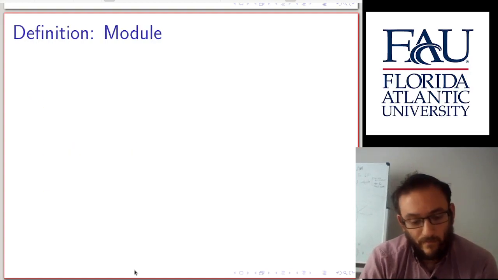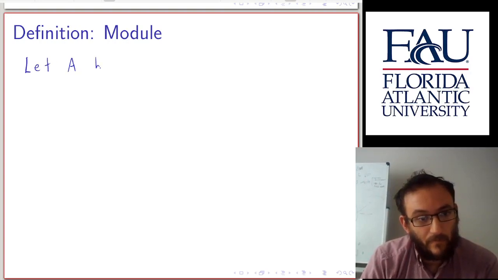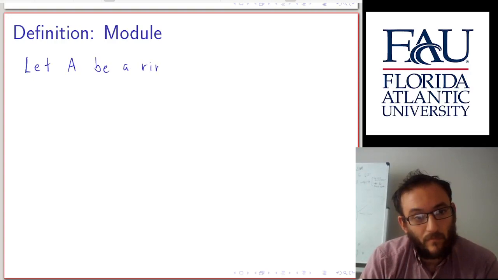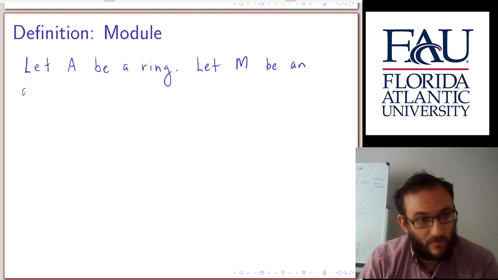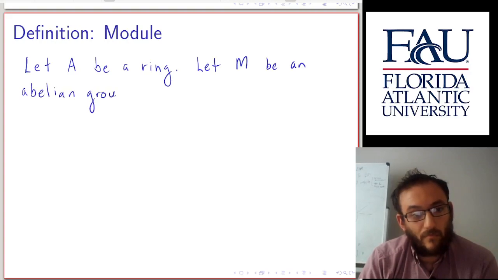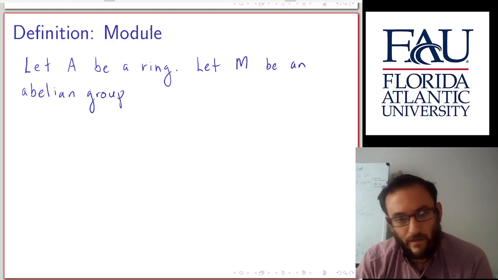Okay, first off, definition of a module. Let A be a ring, and we're going to let M be an abelian group, and the operation will be addition, as it generally is with an abelian group.